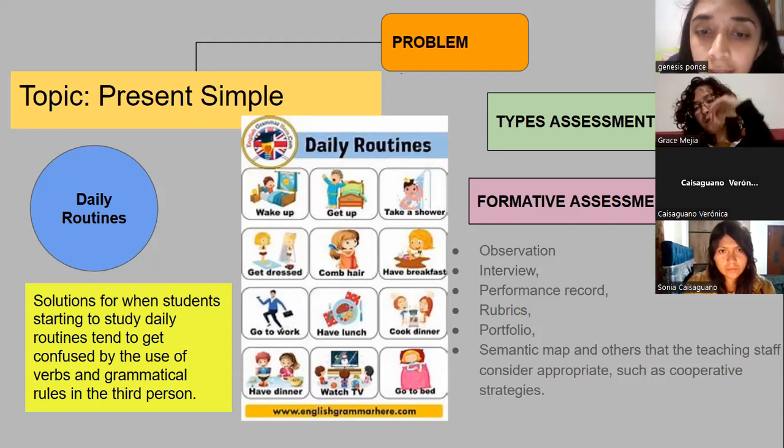Okay, I think about formative assessment.